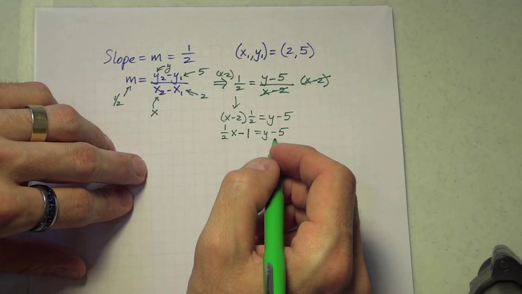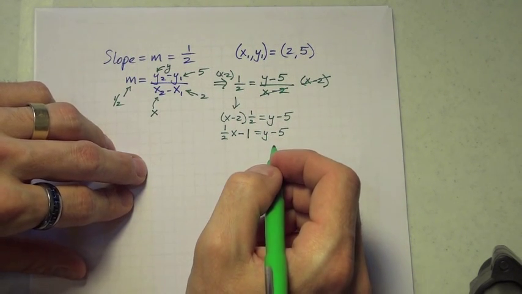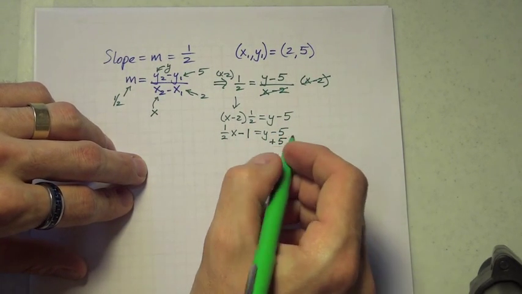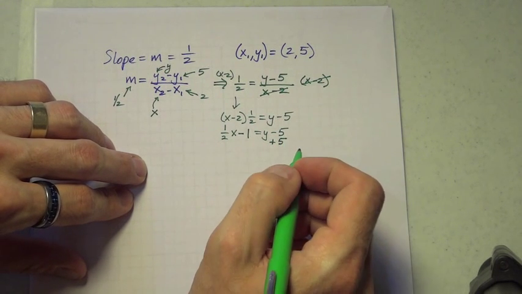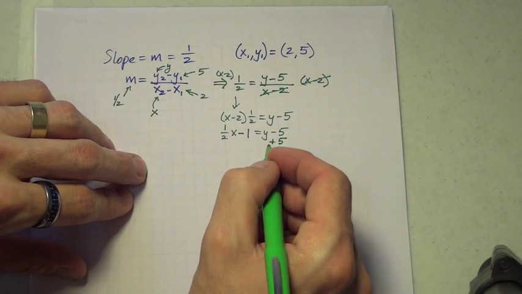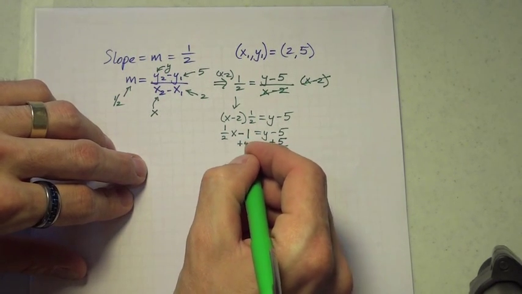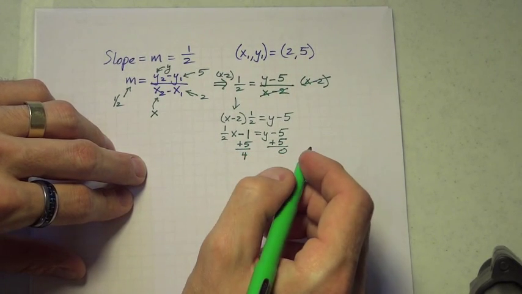When we're developing the equation of a line, we want to get y all by itself. So we do that by adding the inverse. In this case, add 5 to a negative 5, because you want to get that equal to 0 over here. And we have to do the same on the left side. And what we end up with there is 4.